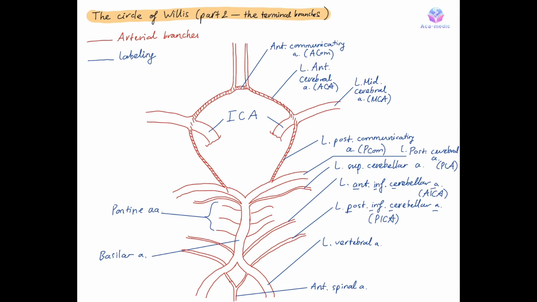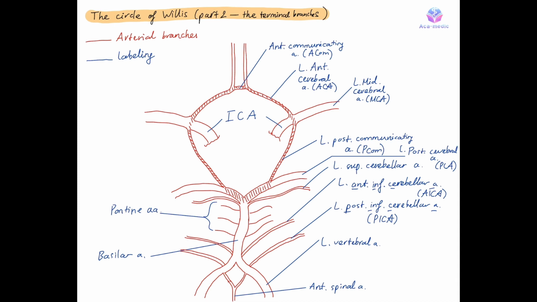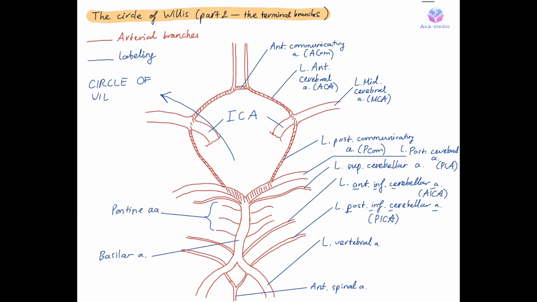And then finally, this part right there of the PCAs on either side. And so I'm just going to label it right here. That right there, the shaded portion, that is going to be your circle of Willis. And that's what it is.